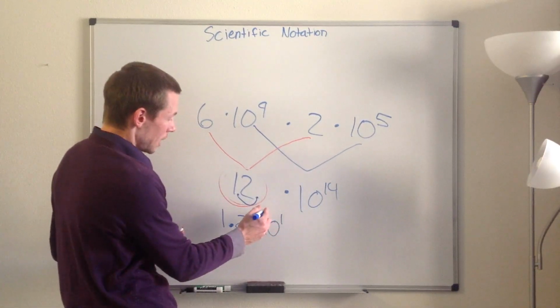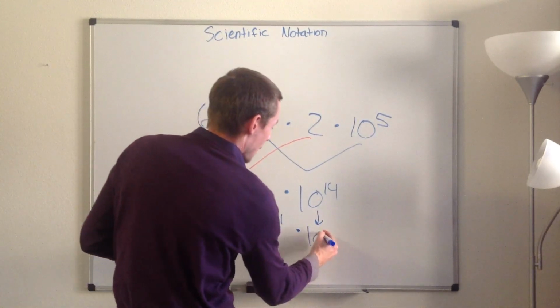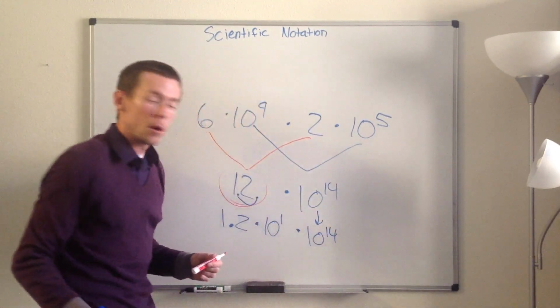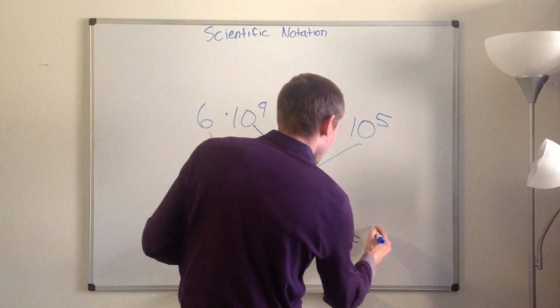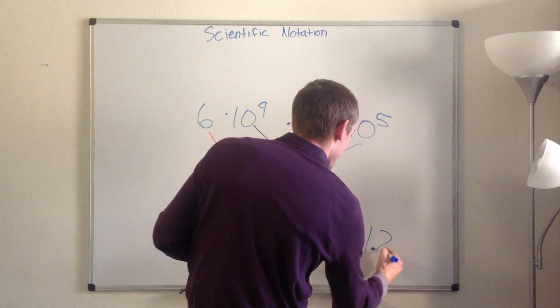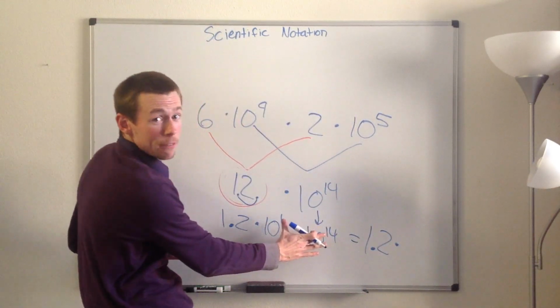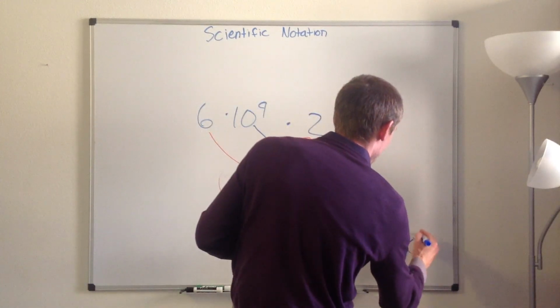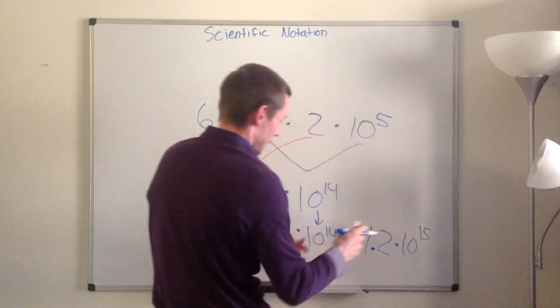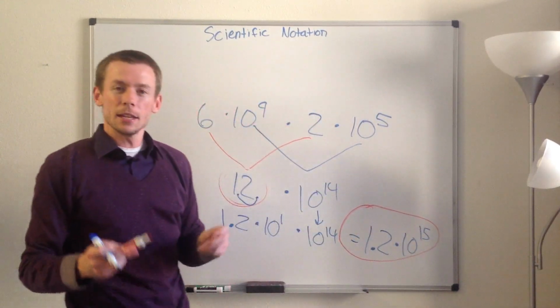So now I have this, and now I'm going to multiply by 10 to the 14th. So this comes out to 1.2 times 10 to the 15th when I add those two exponents. So that is the final answer.